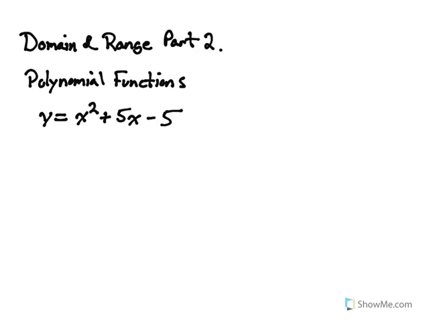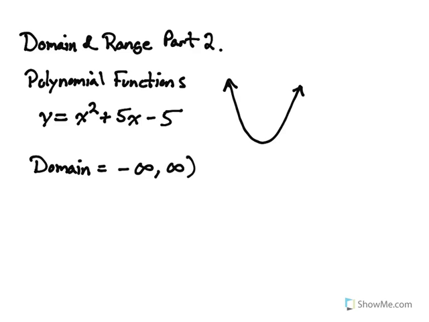So when you graph this, it's going to look like a parabola. So basically, the domain is going to be negative infinity to positive infinity, and we always use parentheses around infinities.